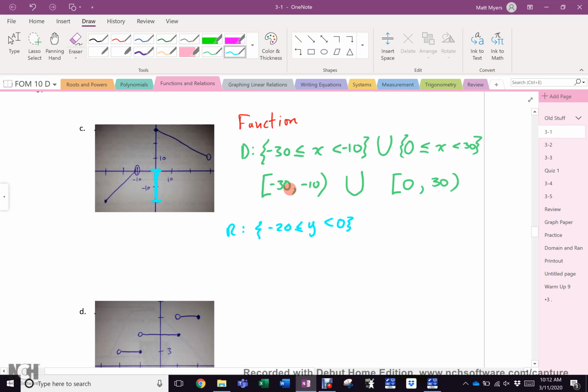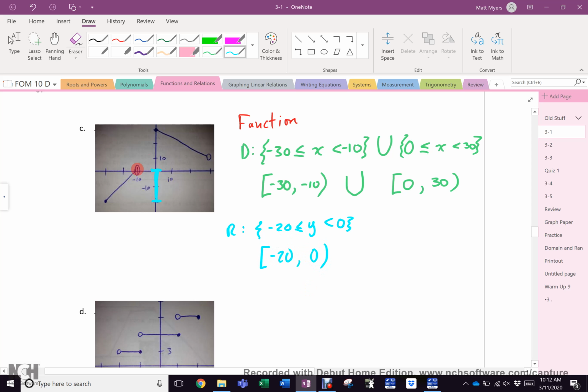How do I do that in the other notation? Hard bracket negative 20, because it's equaling negative 20, up to what? 0, with a soft bracket. Everybody cool? Pardon?